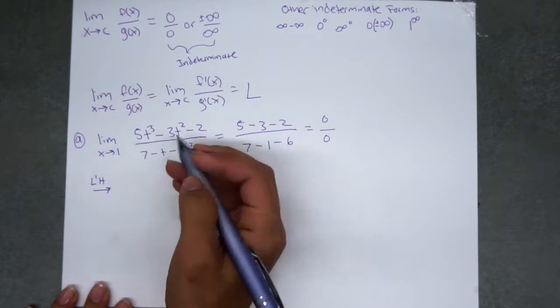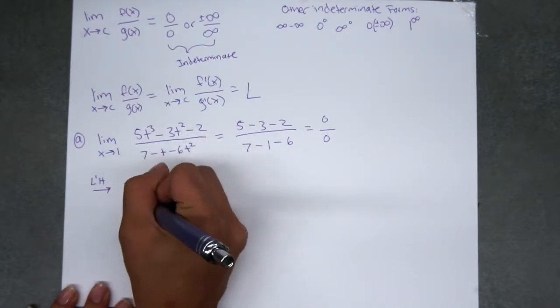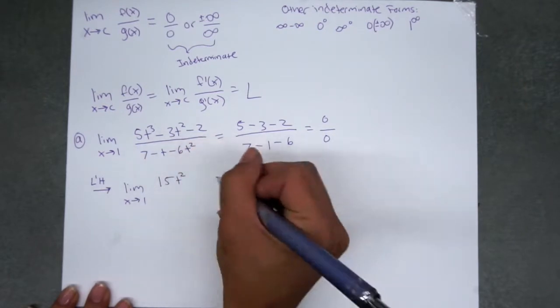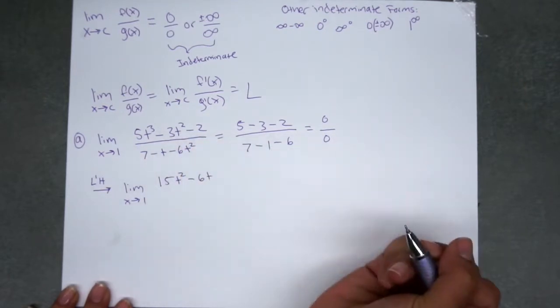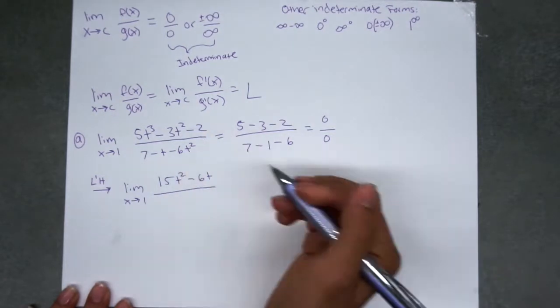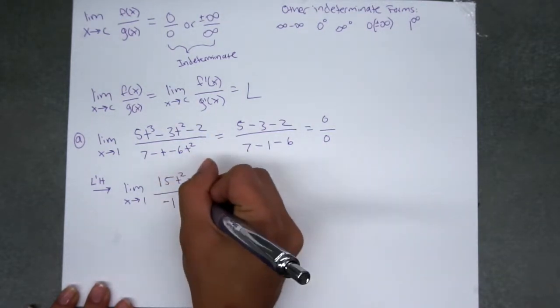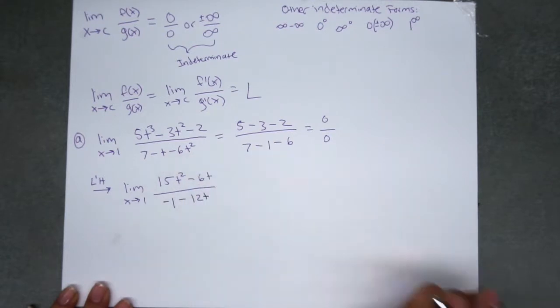So the derivative of the top is 15t squared minus 6t. The derivative of the denominator is -1 minus 12t.